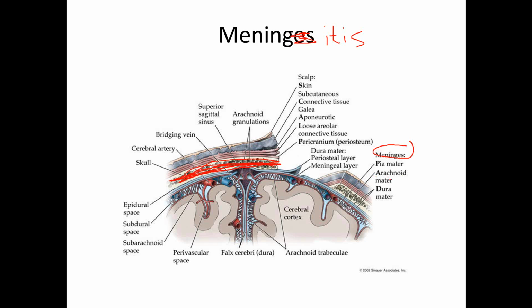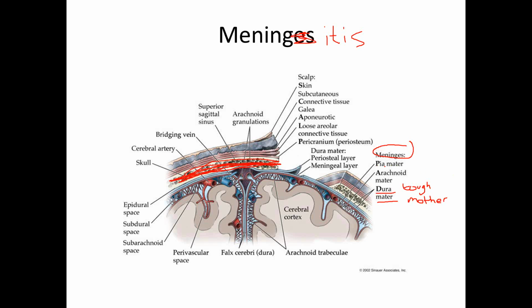This is the arachnoid mater. Okay, and on the outside, this is the dura mater. Okay, it literally means dura, meaning tough, and mater, meaning mother. So this is one tough mother.